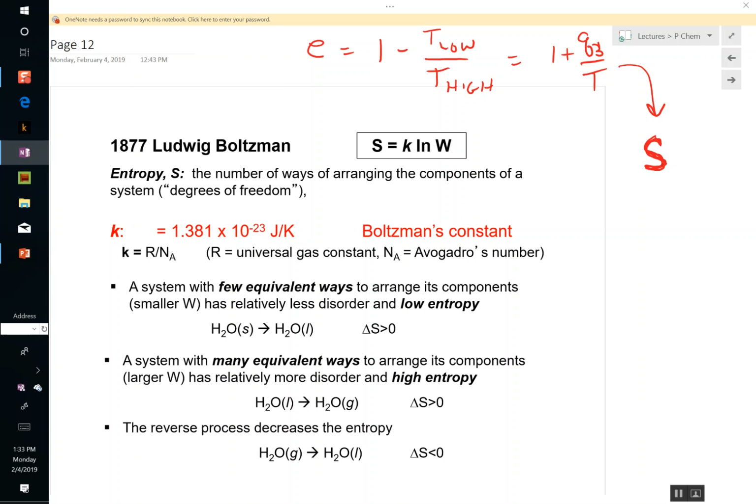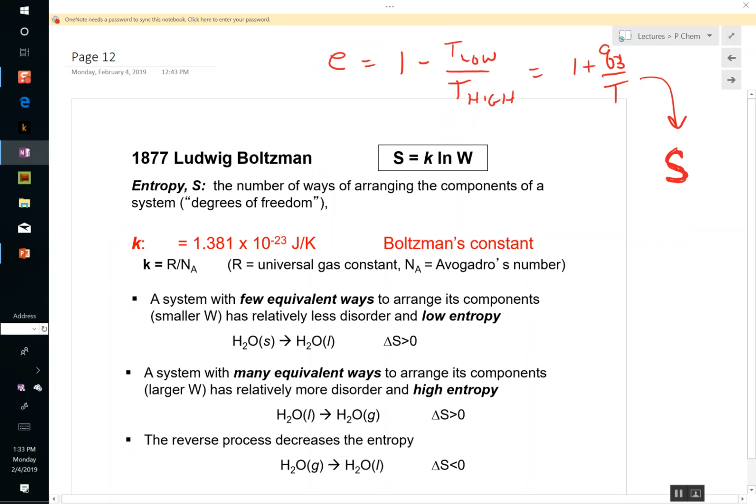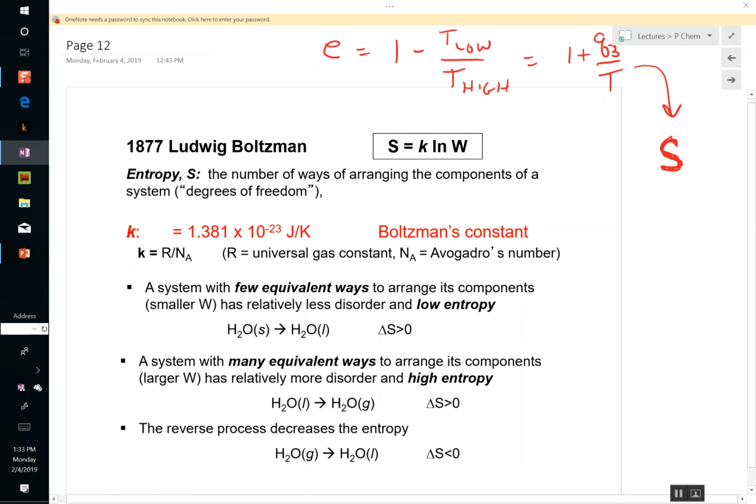And so Boltzmann came up with this arrangement, about 30 years later, coming up with the entropy equals k times the log of the number of states, where W is the number of ways the system can be arranged, the probabilities with regard to the system, and that is an expression of the entropy.